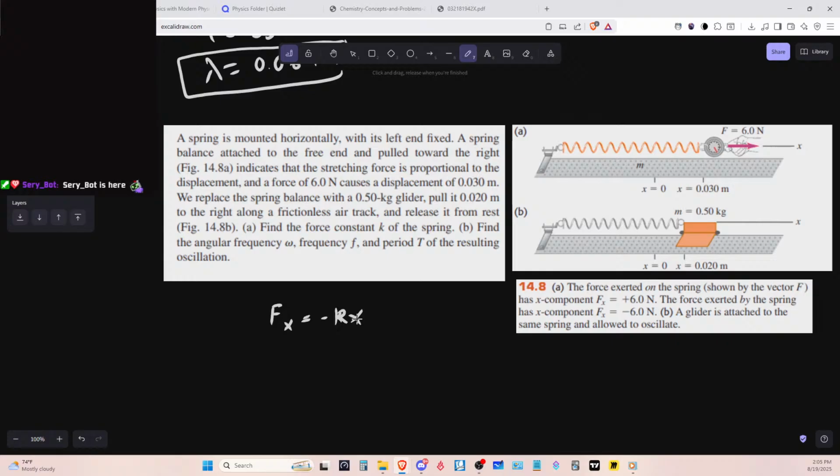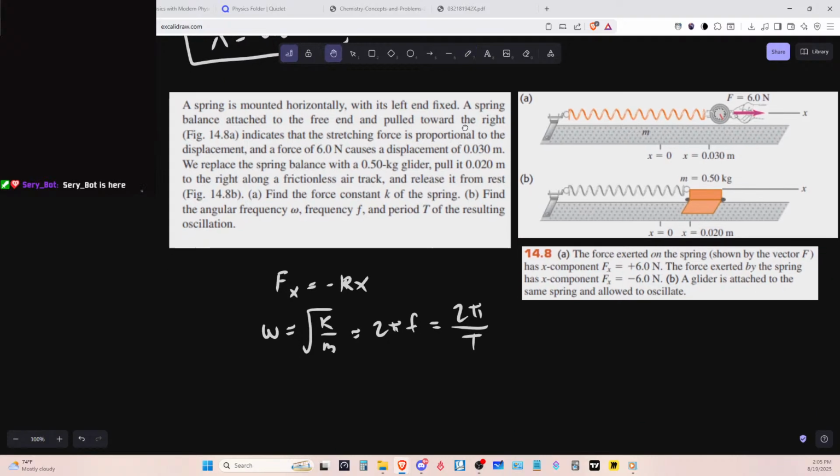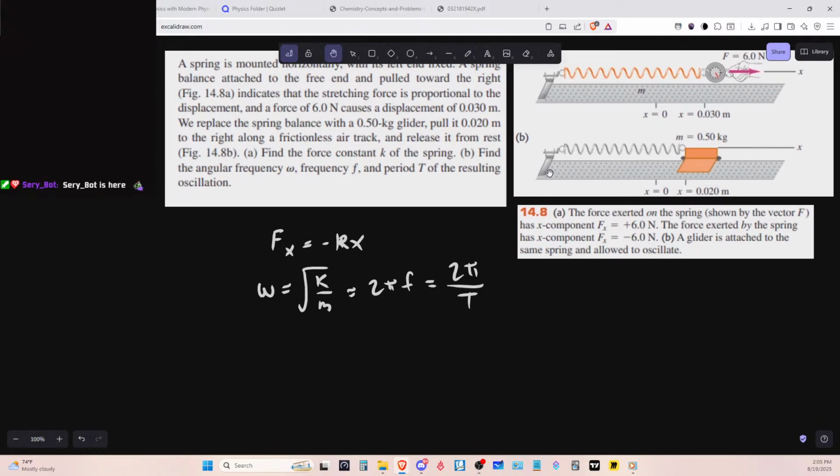Okay, so from what I remember, but also this is equal to the frequency, and this is also equal to pi times. Okay, so I think this is all the equations we need. So what we know: let's write what's known.